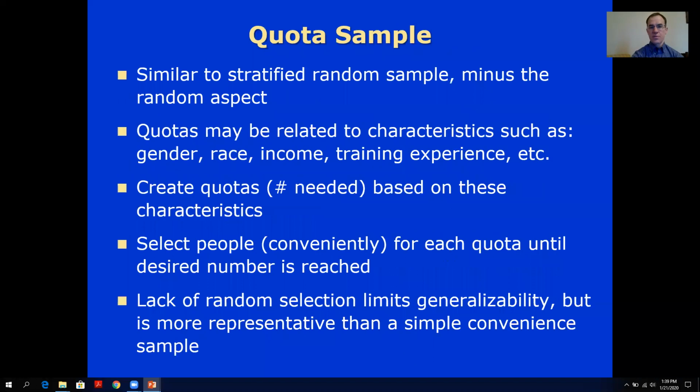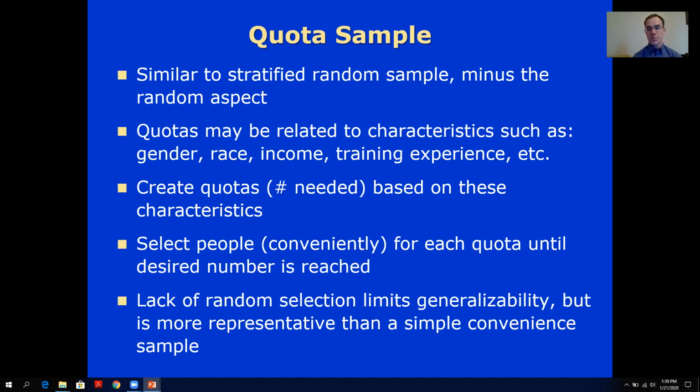Another type of sampling is called quota sampling. Quota sampling is similar to stratified random sampling. However, there's no random aspect to it. Quotas may be related to characteristics such as gender, race, income, etc. The idea behind this is you would create quotas of the number needed in that sample based on these particular characteristics.